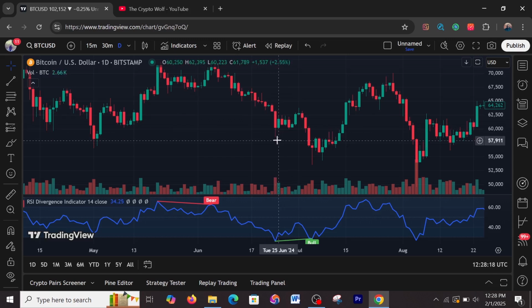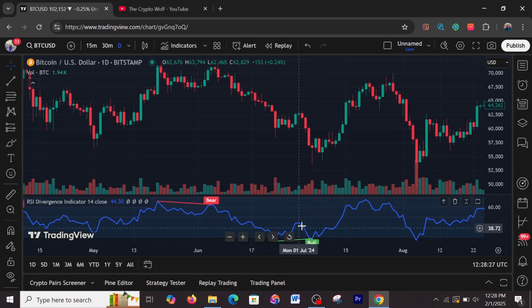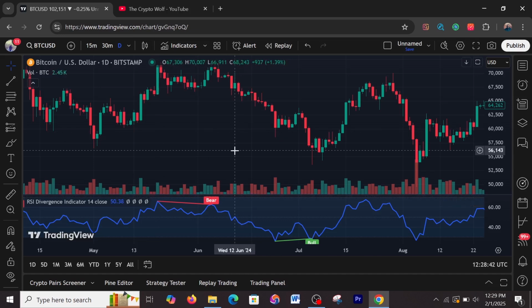So here if you see, the price came lower, but the indicator made a higher low. It's the same thing with bearish divergence. The price makes a higher high while the indicator makes a lower high. So that's it.